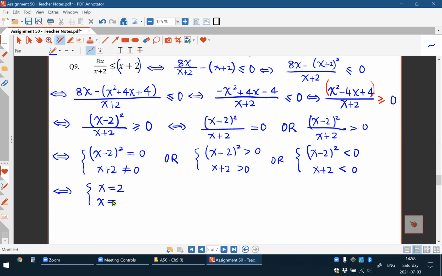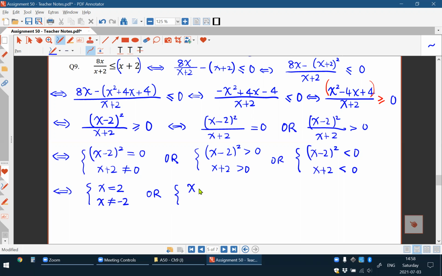And at the same time, x cannot be -2. Or, okay, (x minus 2) squared over (x plus 2) is above 0. So we know that anything squared is above 0 or equal to 0. As long as this number is not equal to 0, it should be above 0, right?